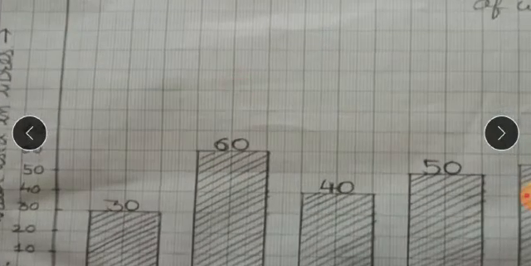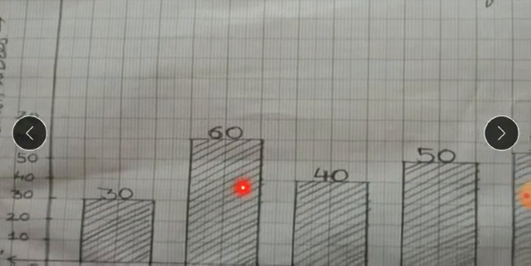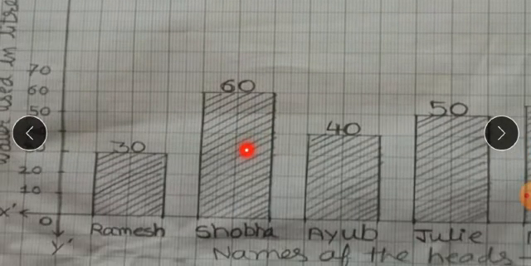Now, first Ramesh family uses 30 liters of water. Therefore, I have shown the column or rectangle having height equal to 30 units and the width of this column is equal to 2 boxes. Then Shobha's family uses 60 liters of water, so I have shown this here.